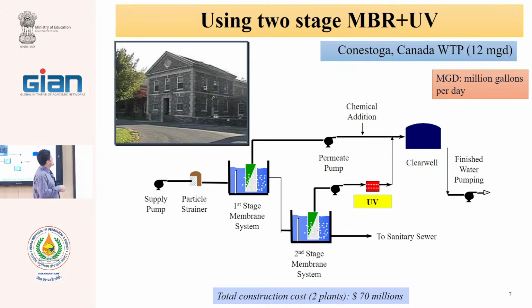Therefore, this system uses two parallel, two series reactors for increasing the efficiency. And after treatment, it uses the UV for the second step, okay? Because here the concentration is higher.